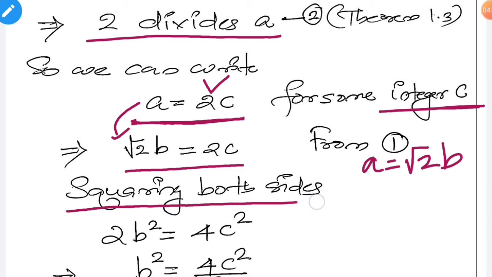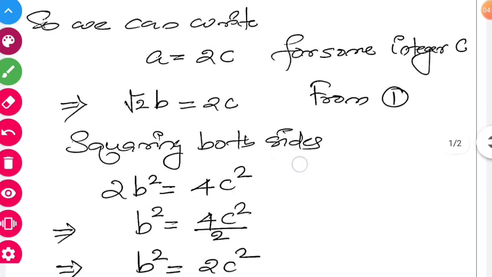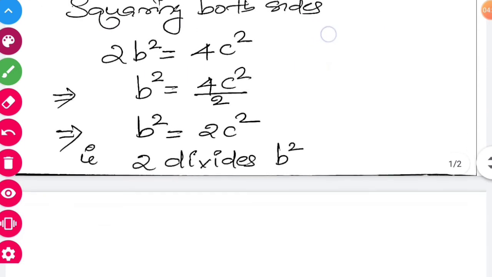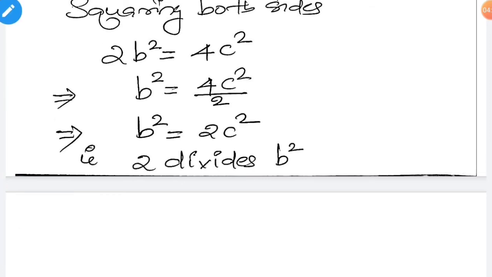Now squaring both sides again. Root 2 square is 2, b square is b square. So 2b square equal to 2 square, which is 4, c square is c square. Squaring both sides, we get 2b square equal to 4c square.